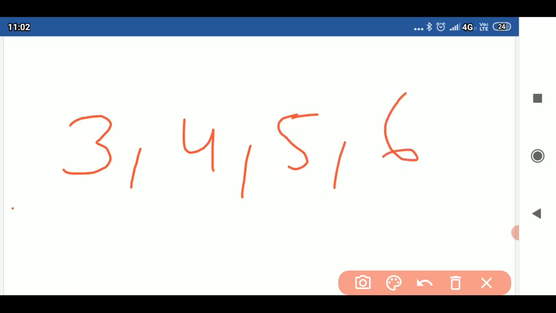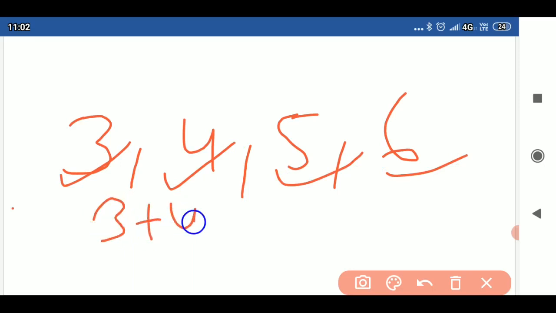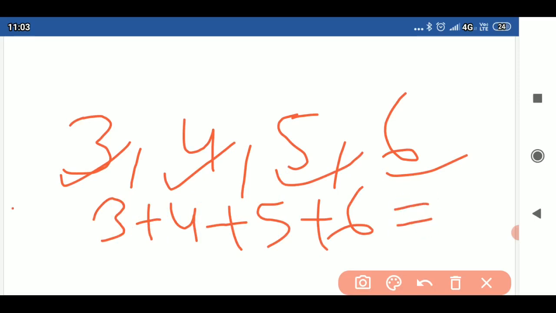First I will calculate the sum of all the values: 3 plus 4 plus 5 plus 6. 3 plus 4 is 7, 7 plus 5 is 12, 12 plus 6 is 18. And how many observations are here? 1, 2, 3, 4. So 4.